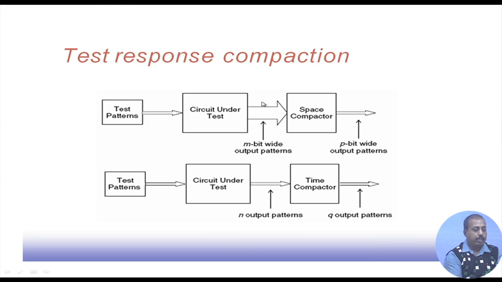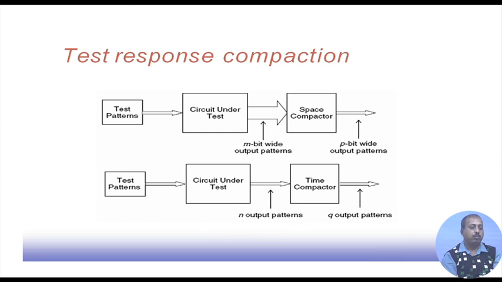Out of that m bit, the space compactor will generate a p bit wide output response. A typical case can be that it just selects p of the outputs out of m, and then it comes out as this p bit pattern. That is one possibility, but naturally if we just select p out of m outputs, many of the outputs are not contributing to the signature.